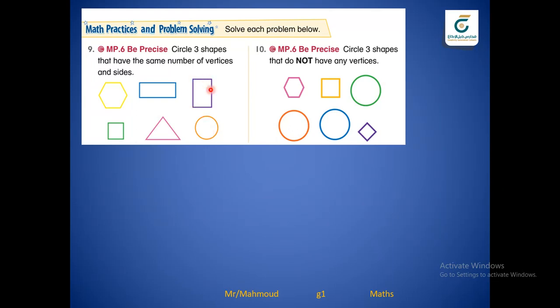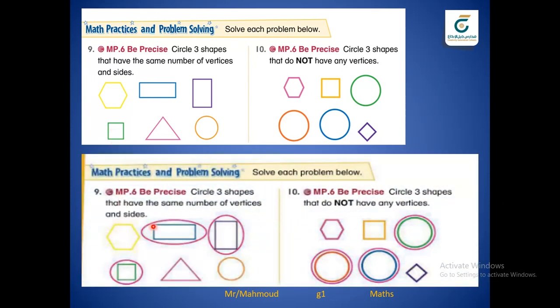Yes, that's rectangle, 4 vertices, 4 sides, and this is another rectangle, 4 vertices, 4 sides, and square, 4 vertices and 4 sides, like this one. Or pentagon or hexagon. Hexagon has 6 straight sides and 6 vertices also, but he asked me for just 3 shapes, so I will choose these 3 shapes.